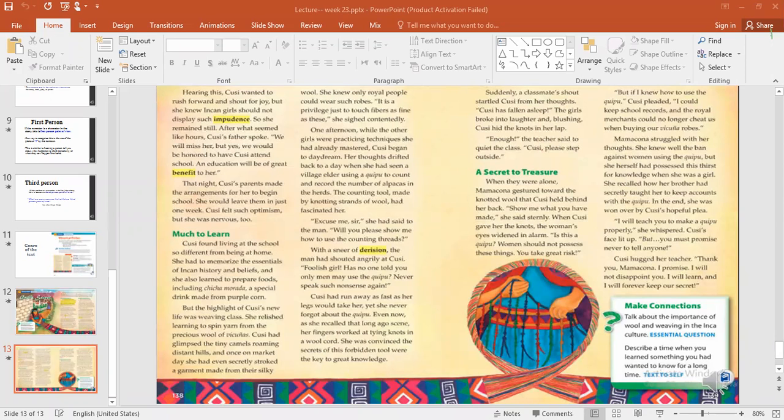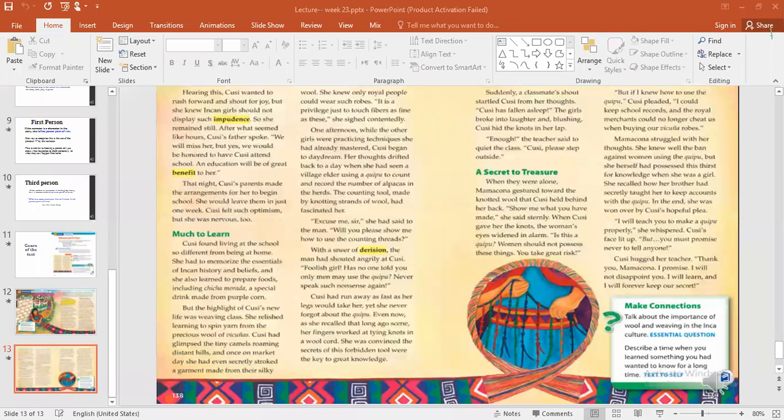A secret treasure. When they were alone, Mama Kona gestured toward the knotted wool that Kusi held behind her back.